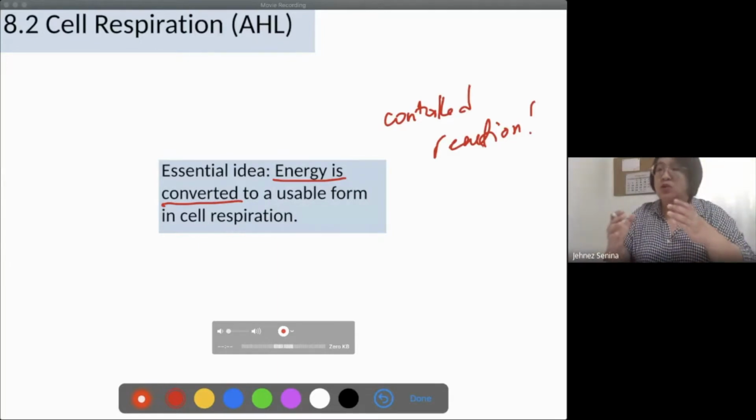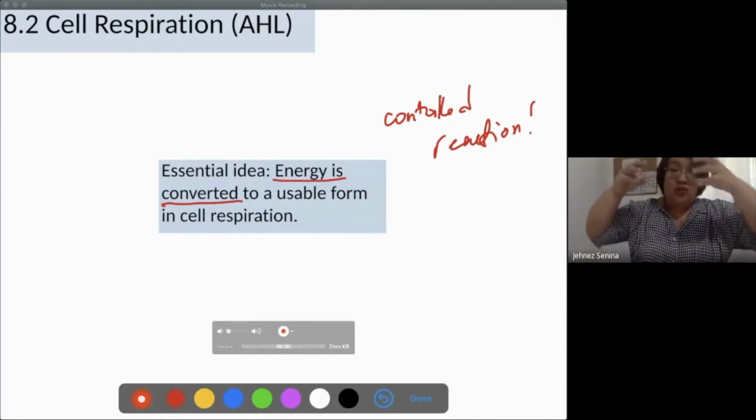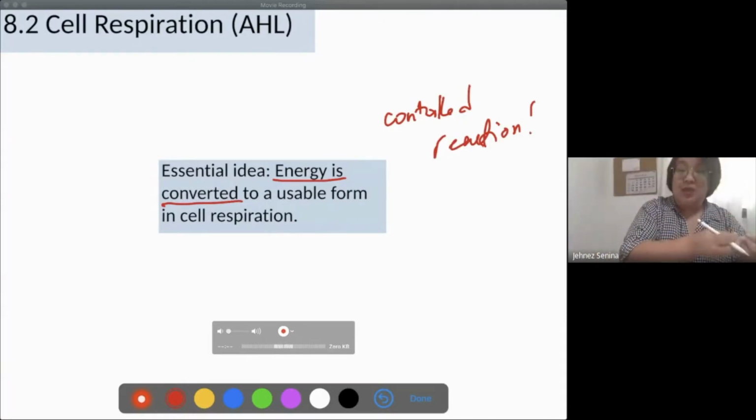So we want to metabolize it in a series of steps so that we can convert the energy from the glucose slowly into ATP. It's a chemical energy, glucose, into a storage energy, ATP, instead of just burning it and releasing it as heat. That would be wasted energy.